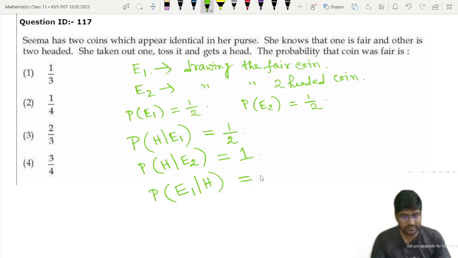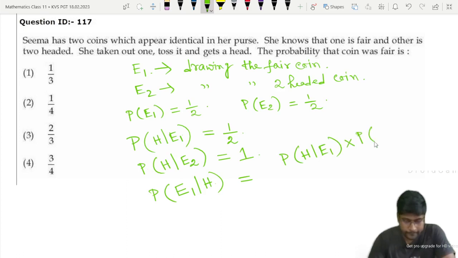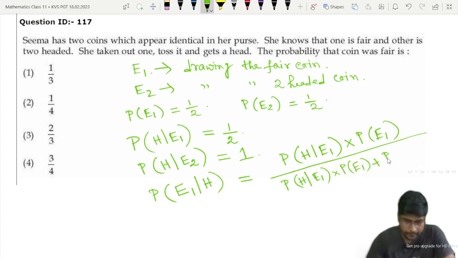So by Bayes theorem, what we can write: probability of A given E1 into probability of E1, divided by probability of A given E1 into probability of E1 plus probability of A given E2 into probability of E2. That is Bayes theorem.